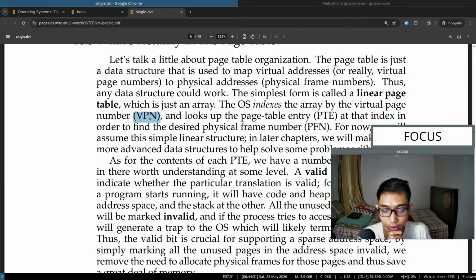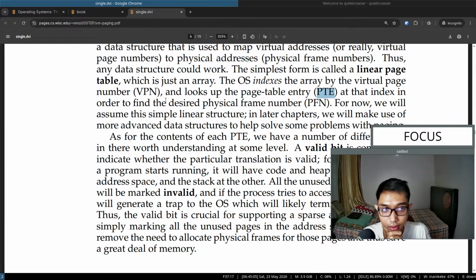In this case, it is abbreviated to VPN, virtual page number, and looks up the page table entry, or PTE, at that index in order to find the desired physical frame number, PFN. Okay.